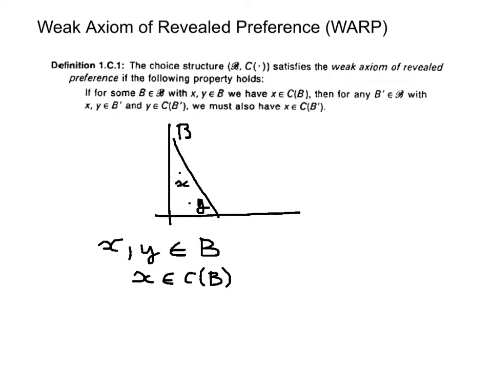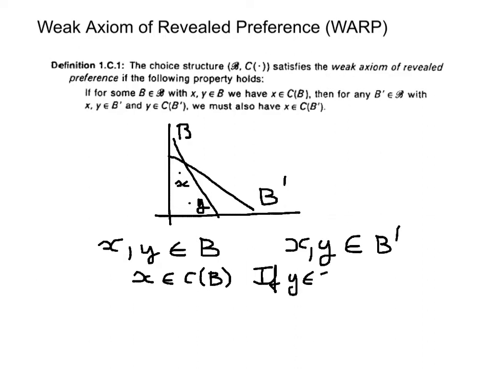I know nothing about Y. So what WARP is saying is that if X and Y are available in a different budget set B prime, so X and Y are available in B prime, if Y is chosen in B prime, then what the weak axiom of revealed preference requires is that X must also be chosen. Y cannot be chosen and X not chosen.